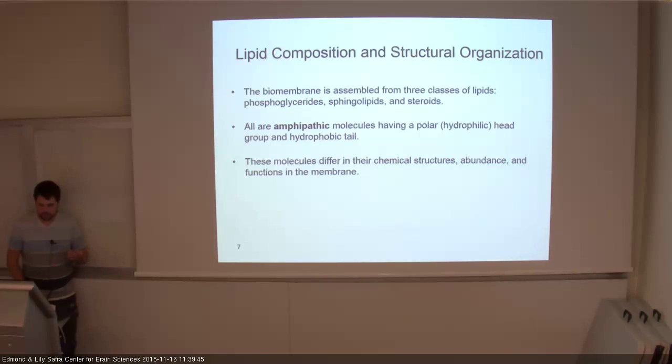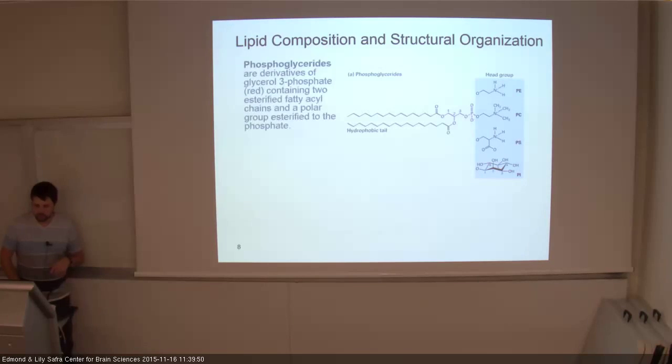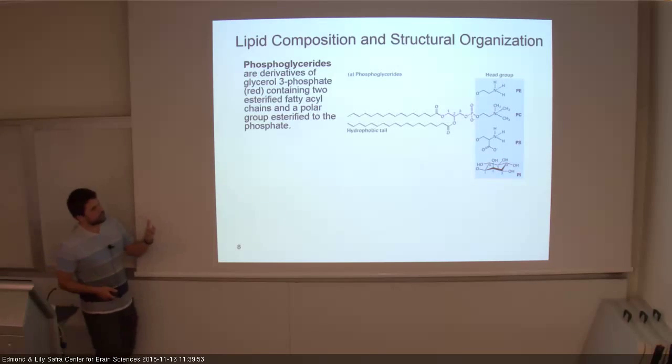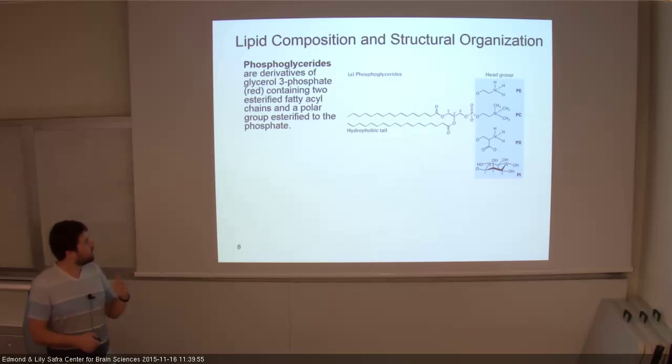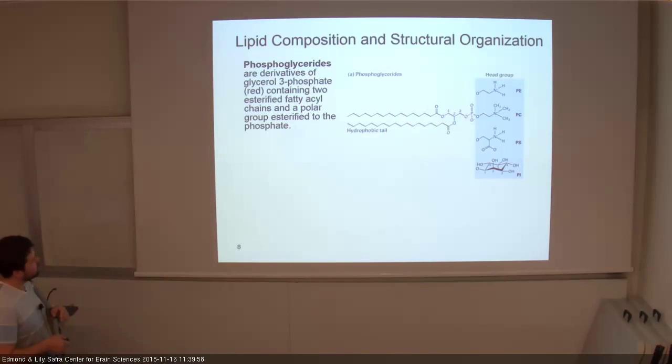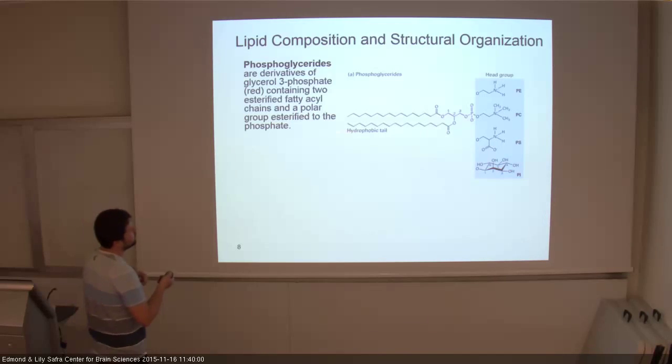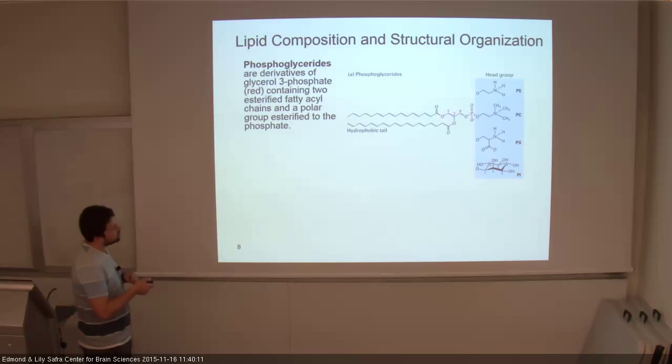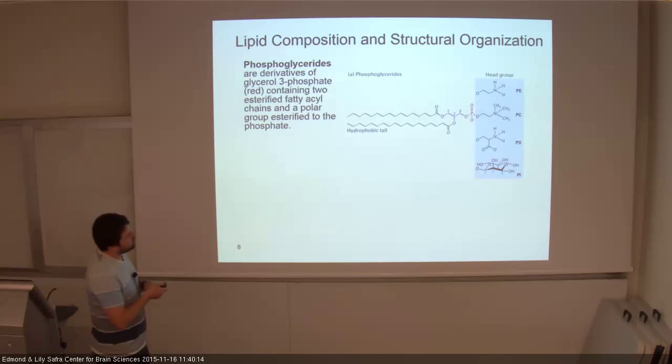Obviously, these molecules differ in their chemical structure and their function in the membrane. So, the first and most common type of molecule is the phosphoglyceride molecules, which are basically built from two long hydrophobic carbon-hydrogen tails, which are linked to a glycerol molecule and a phosphate, and they're esterified, which means a bond through oxygen to various head groups.